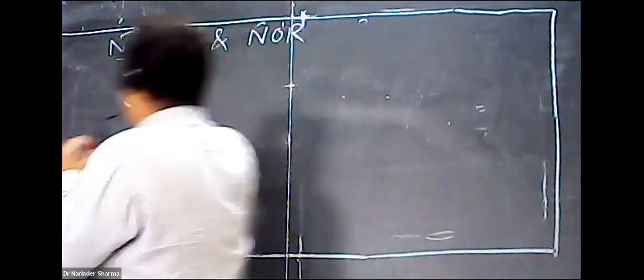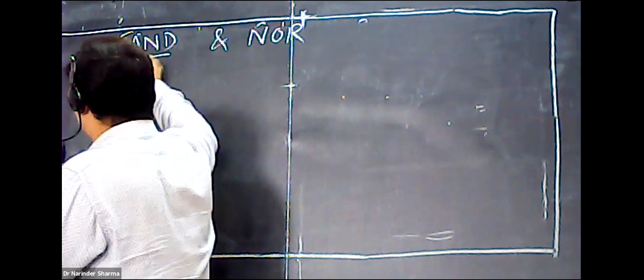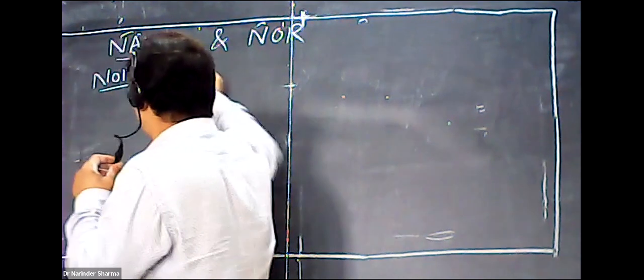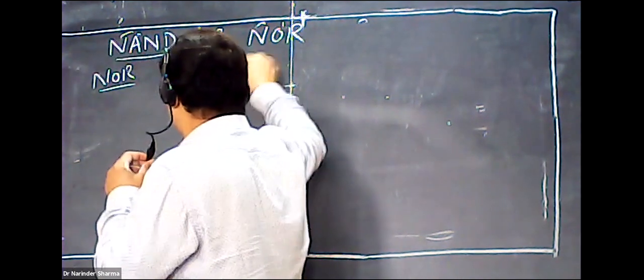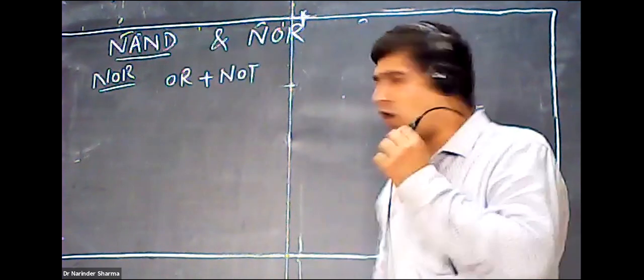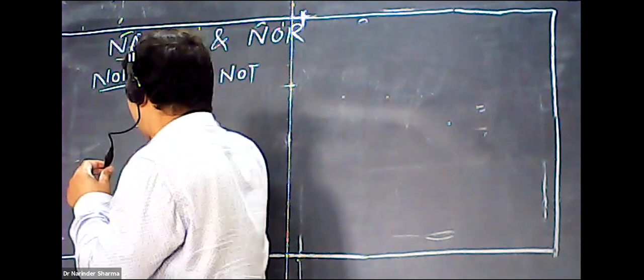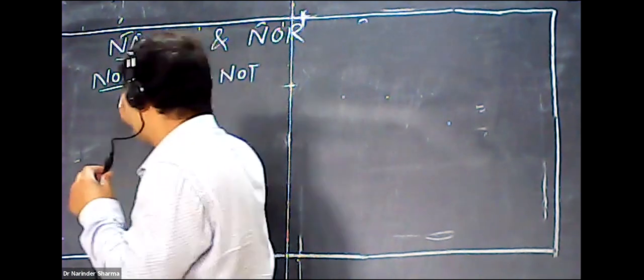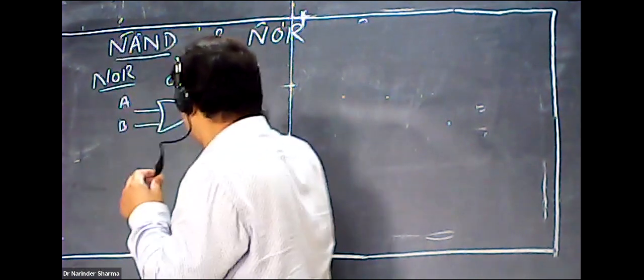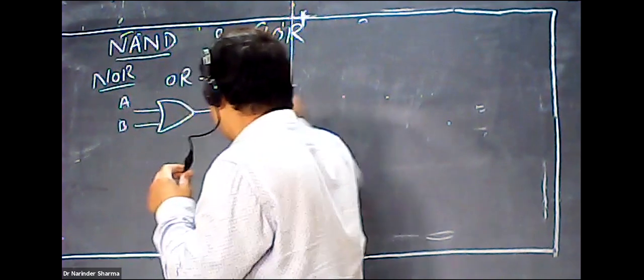We have to understand the NOR gate. That is a combination of OR plus NOT. The OR gate we have already done. It has two inputs, two input OR gate. Then we will apply the NOT gate with it.